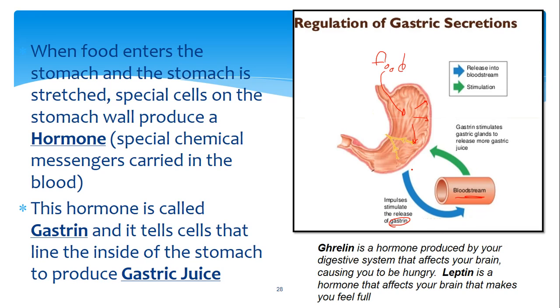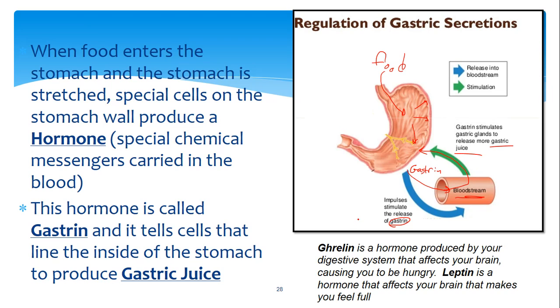So gastrin would be released from the wall of the stomach and immediately goes into the bloodstream. And it doesn't travel far. It goes a short little hop and then it comes back and goes to other cells in the stomach, and it sends a message to them and tells them to release gastric juice.